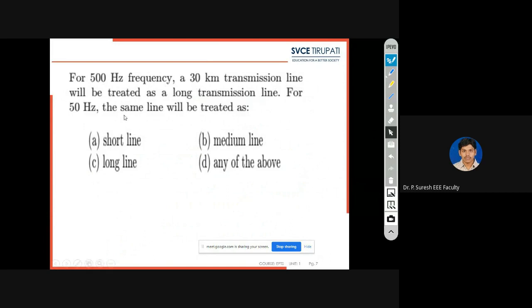For 50 Hz, the same line will be treated as short. So can you justify the answer? Don't say it is short because it is 30 kilometers.